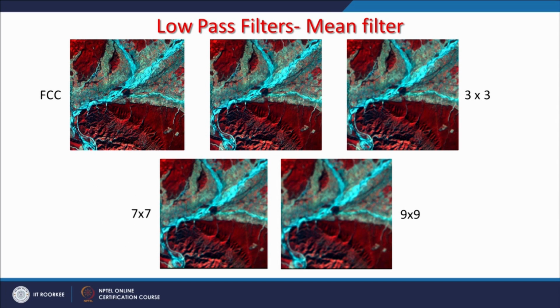Now this is the example shown here. If this is the original image, this image has been subjected to a 3 by 3 filter. This is an example of a 7 by 7 filter, and this is of 9 by 9. As the matrix or the filter becomes larger, it is averaging the pixel values over a larger surrounding area.